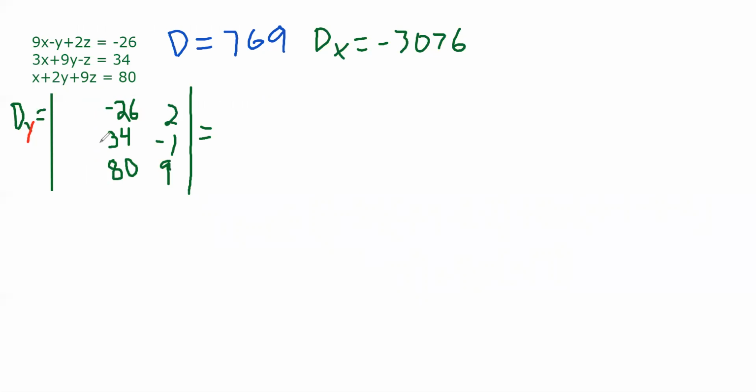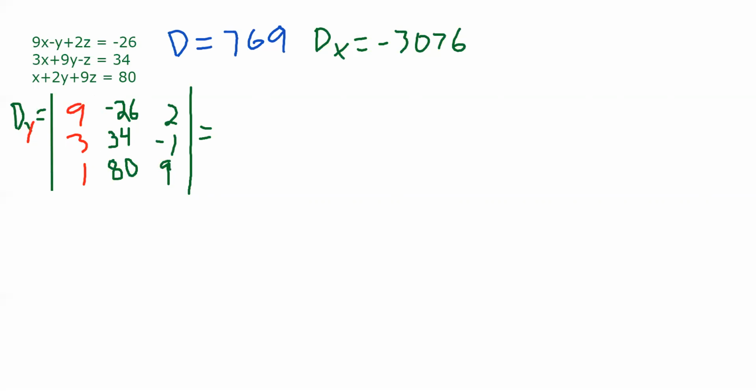So now the second column gets replaced, and the first column needs to be this 9, 3, 1 business. Imagine taking our D determinant and just replacing the second column now, but leaving the rest of it the same.